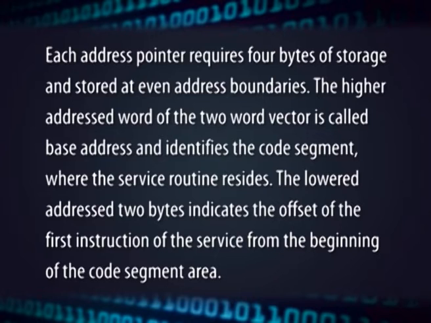The higher addressed word of 2-word vector is called base address and identifies the code segment where the service routine resides. The lower addressed 2 bytes indicates the offset of the first instruction of the service from the beginning of the code segment area.